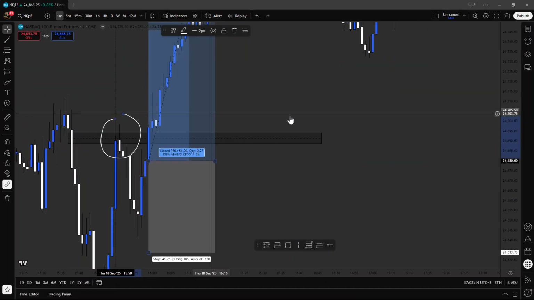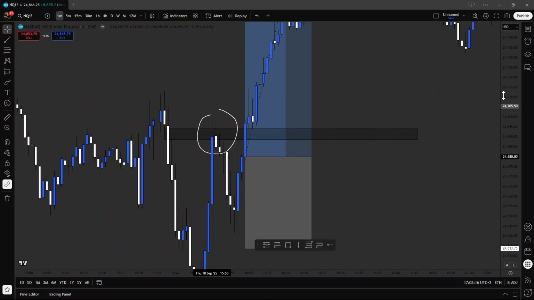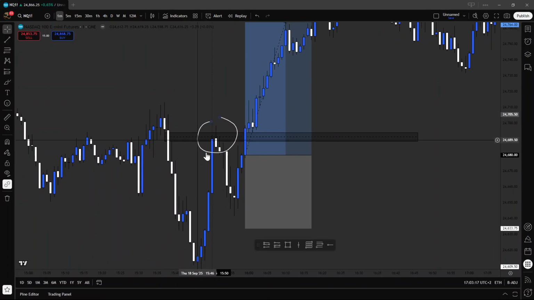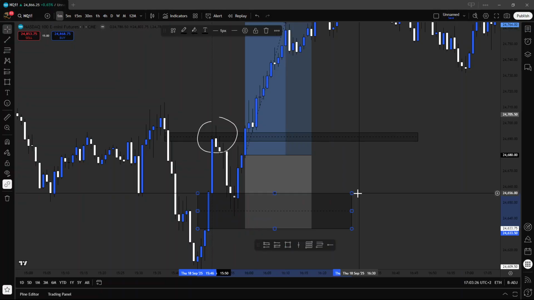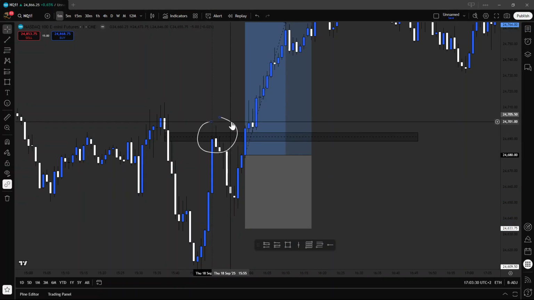And maybe you were saying, okay, it filled that, but it was before those fair value gaps got filled. So I waited for that before it filled them, and then I waited.